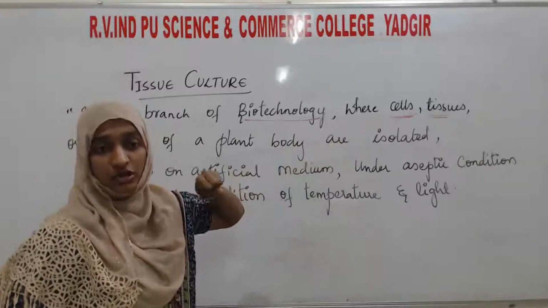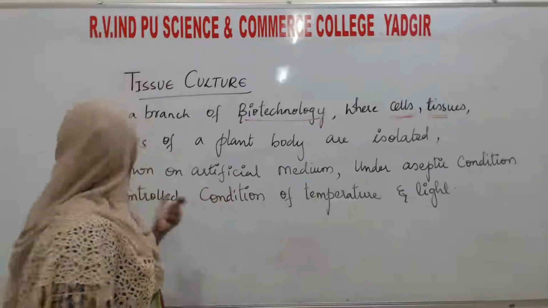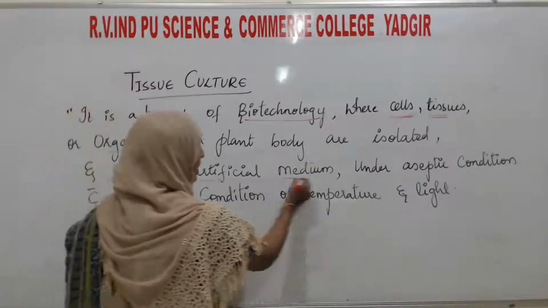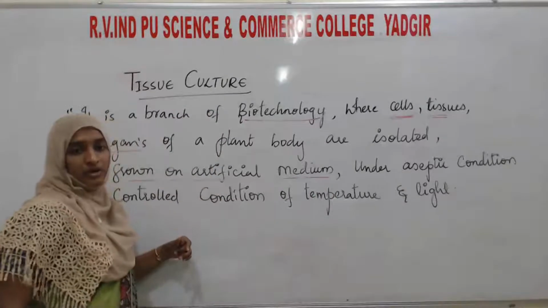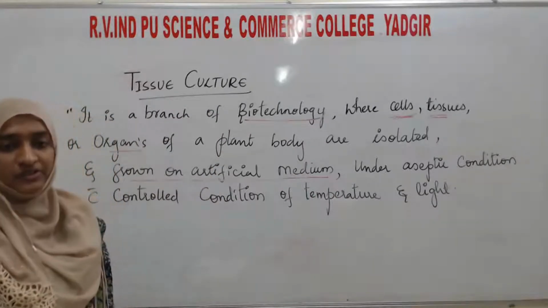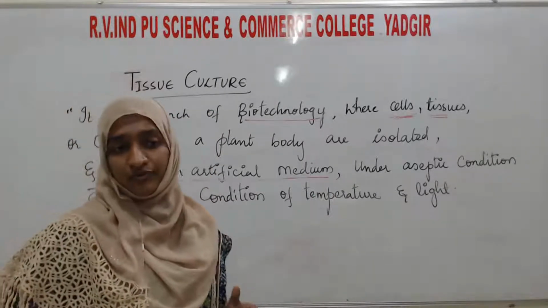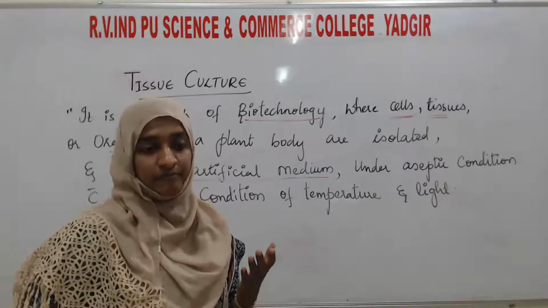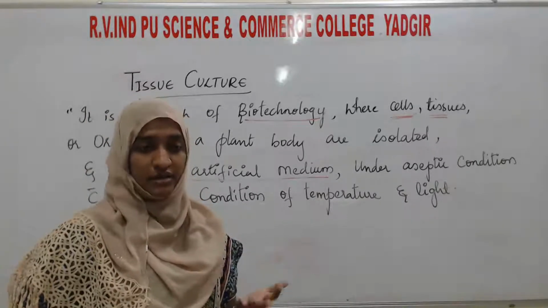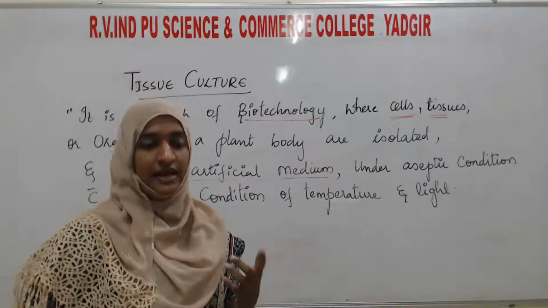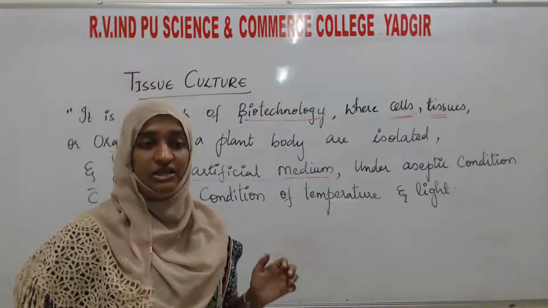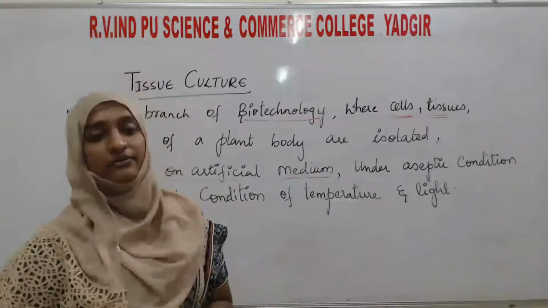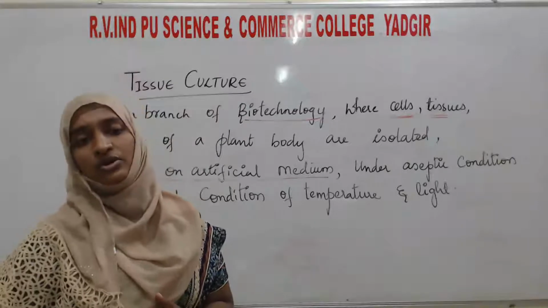Isolated means removed from the plant body, then grown on the artificial medium. For the survival of plants, they require soil, water, sunlight and temperature. These are essential factors required for the natural growth of the plant.